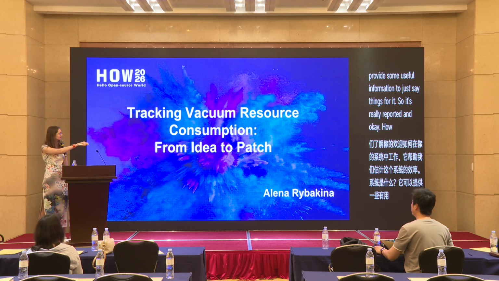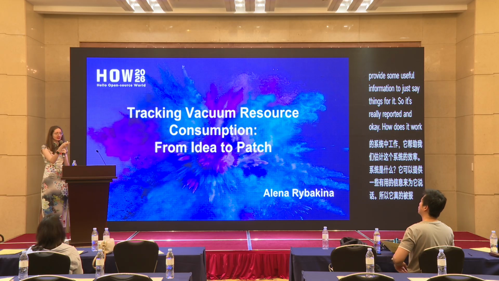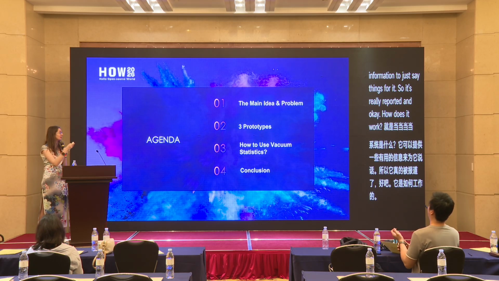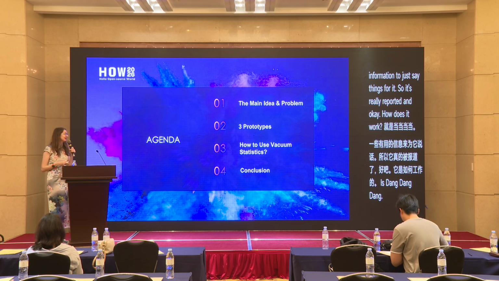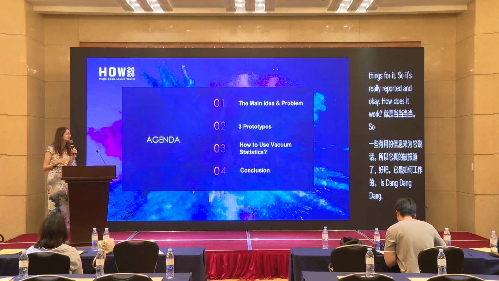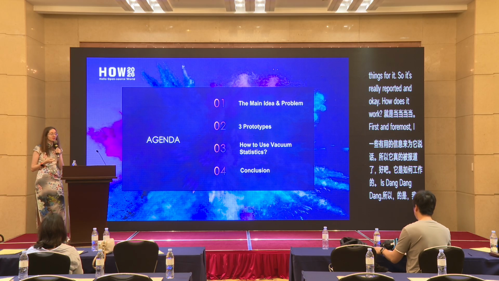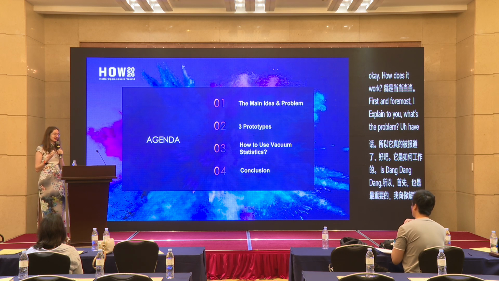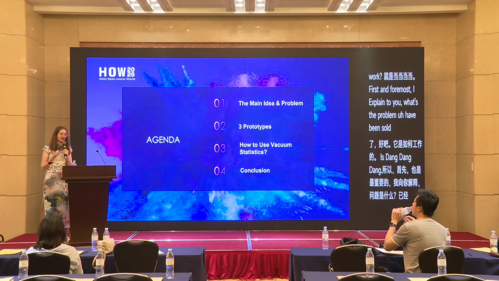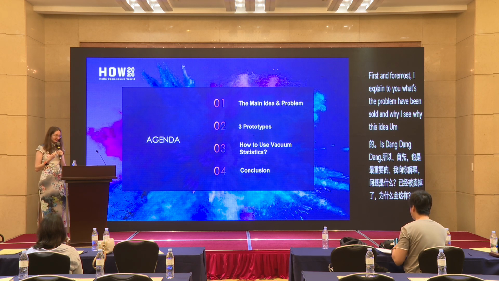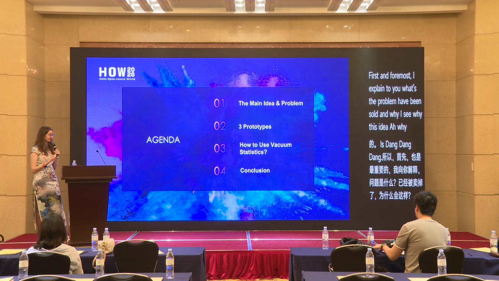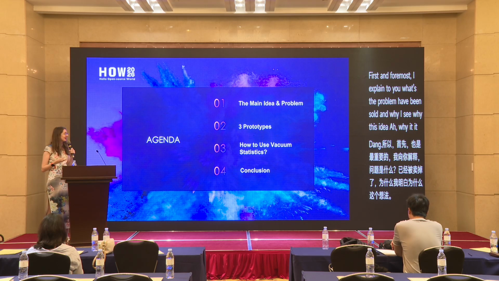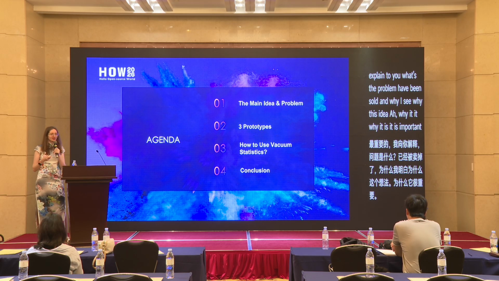How does it work? First and foremost, I explain to you what the problem has been solved and why this idea is important for us. Just in case, I'll show you 3 prototypes.